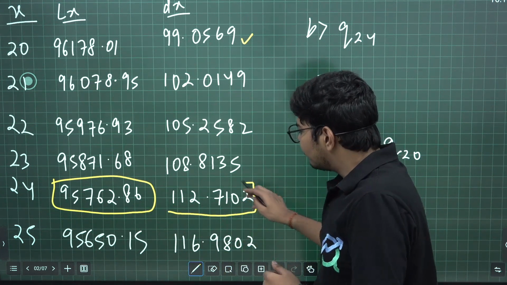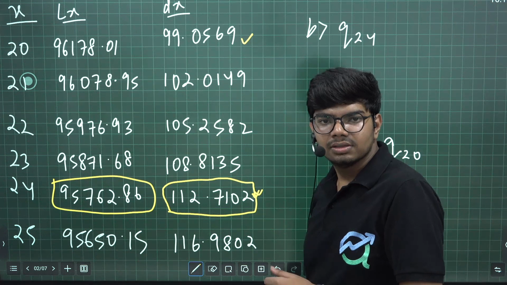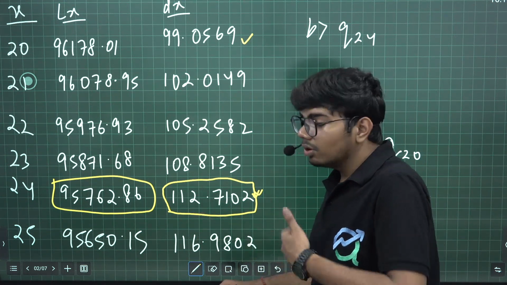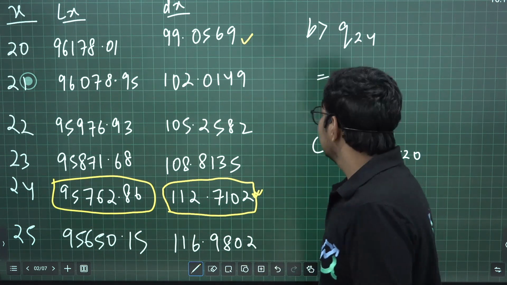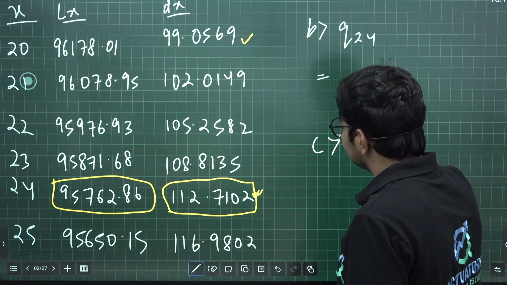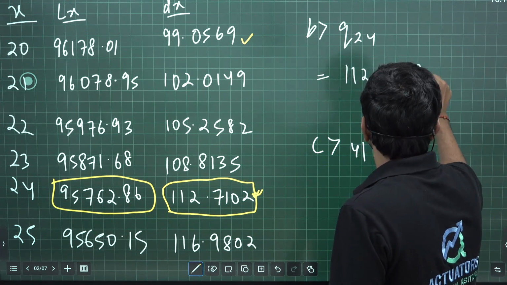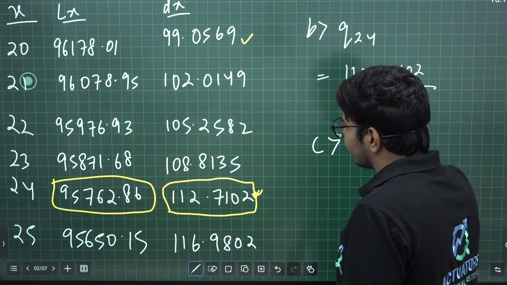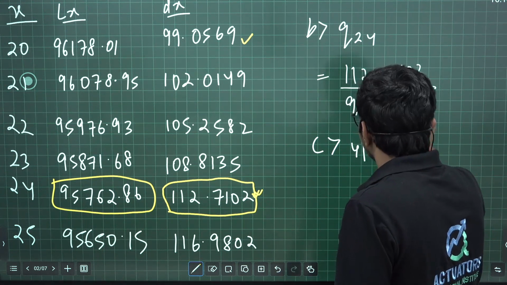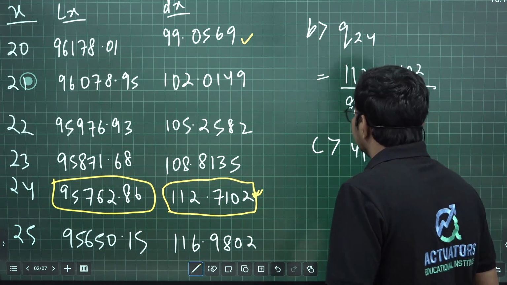So I will have to be a part of this population. So the number of favorable outcomes is 112.7102 divided by 95762.86, and solving this I will get my answer.